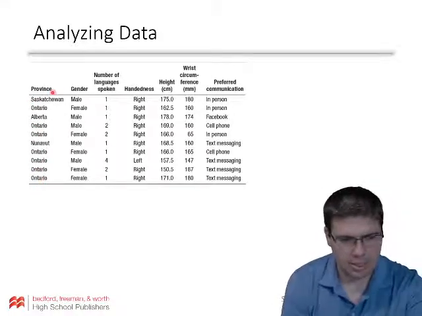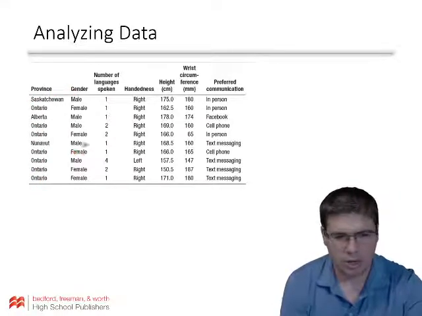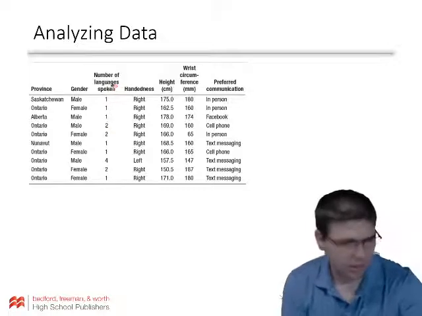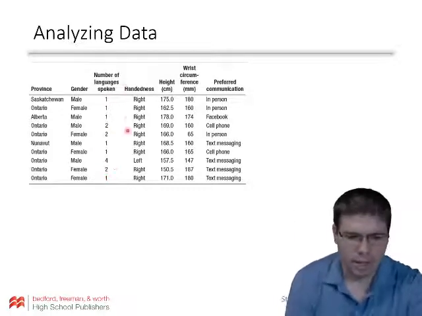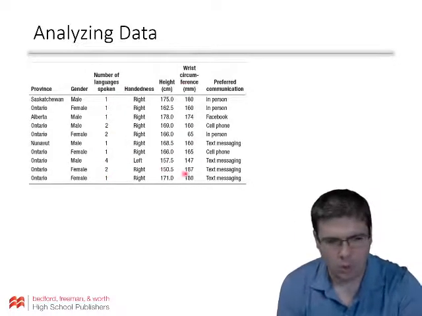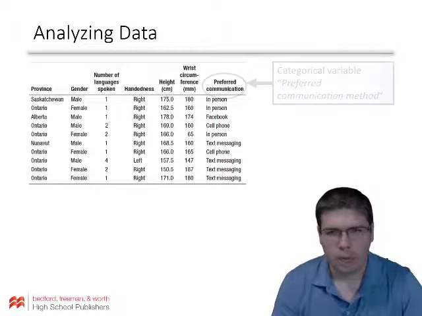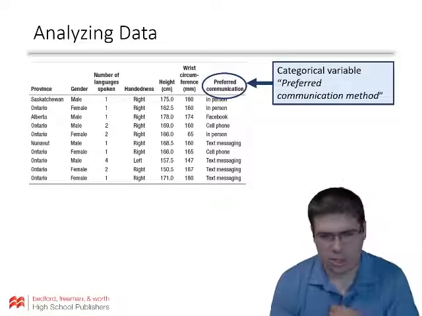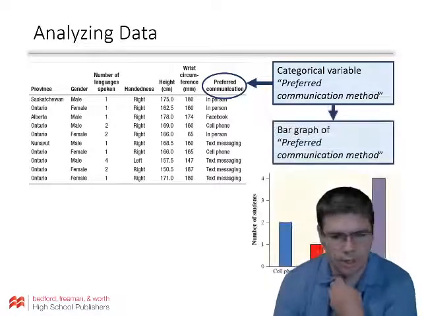Notice we've got some repeats there. We've got another categorical variable, gender, and then number of languages spoken. That's actually quantitative, so we could actually calculate an average number. So that's categorical, quantitative, and categorical. Preferred communication method is the one that they're going to go ahead and look at the distribution for here.